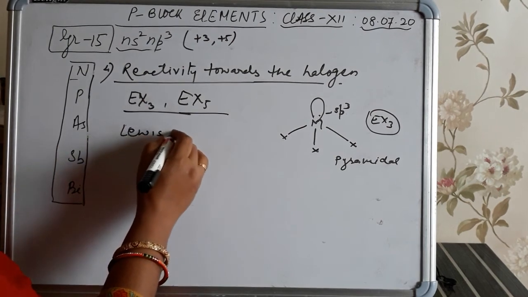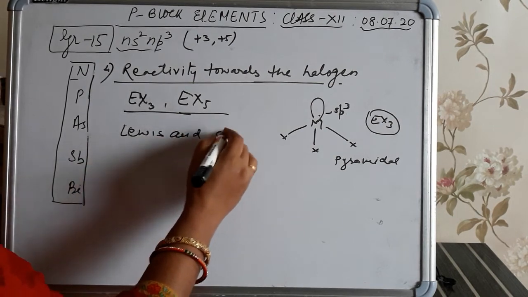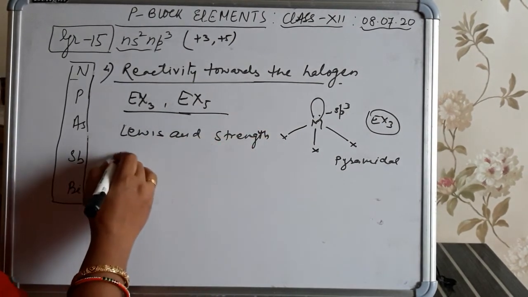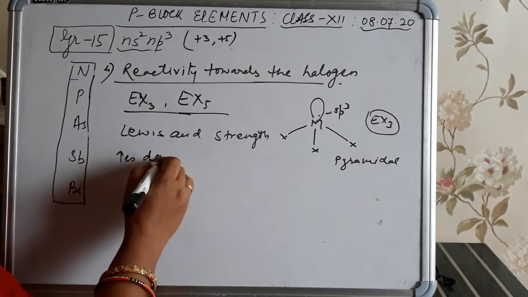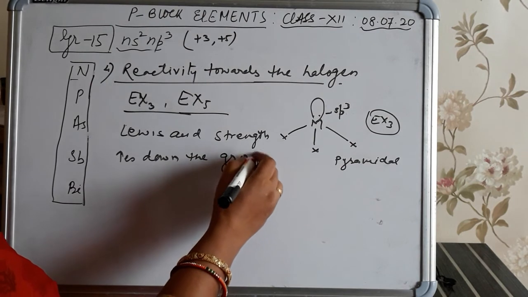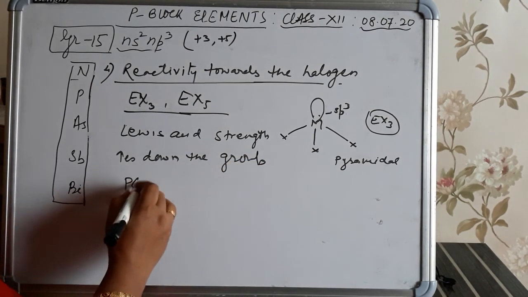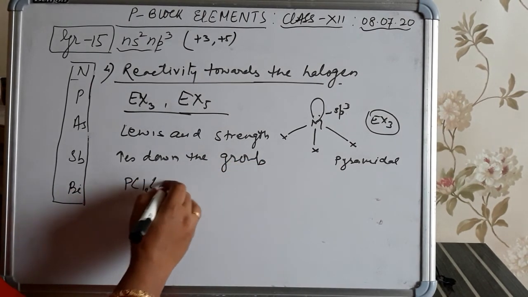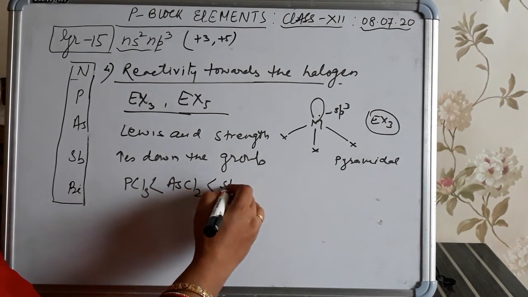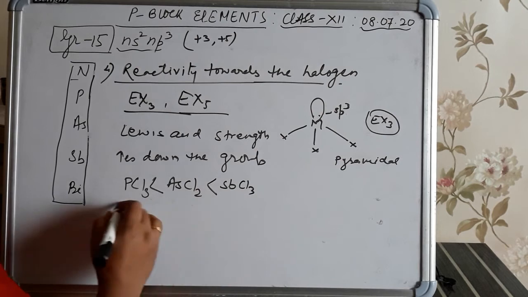Lewis acid strength increases down the group. PCl3, AlCl3 and more. The Lewis acidic character is AlCl3.